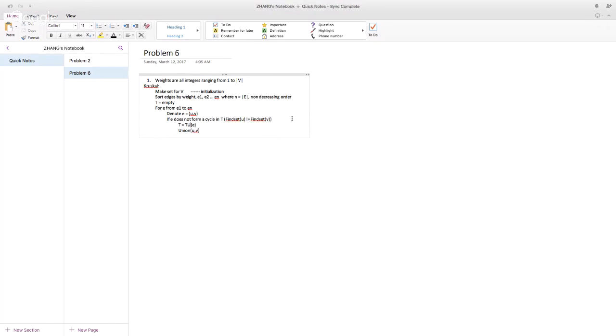Now they are connected by E, so they form a single connected component. So we return T after the for loop is done.